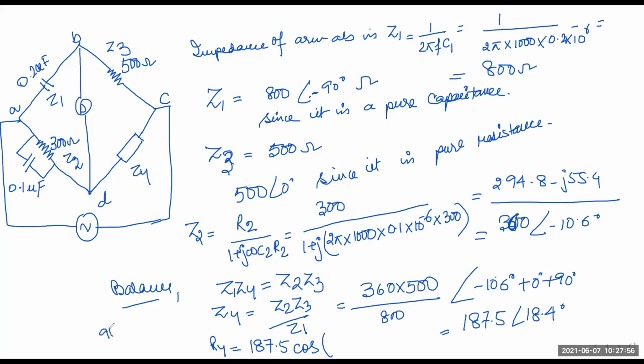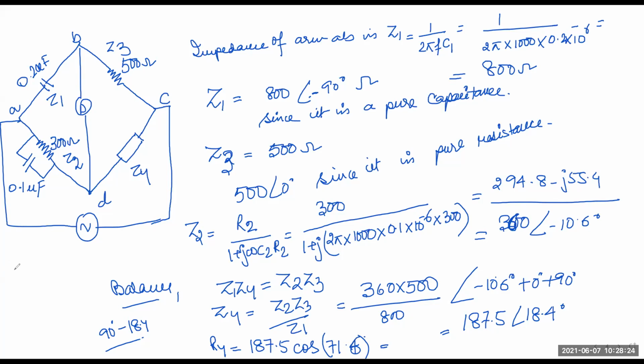If you subtract 90 minus 18.4, tell me the value. 71.4. 71.6. Okay, 71.6, then this will be your resistance, whatever you are getting. Do the calculation, cos this thing.